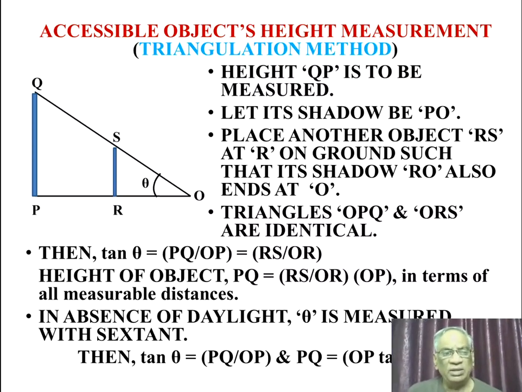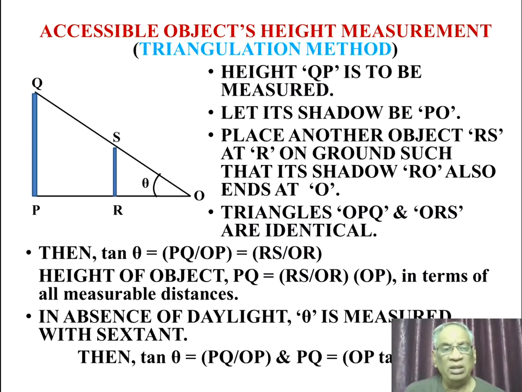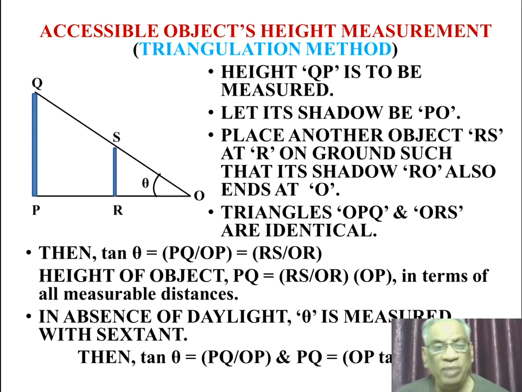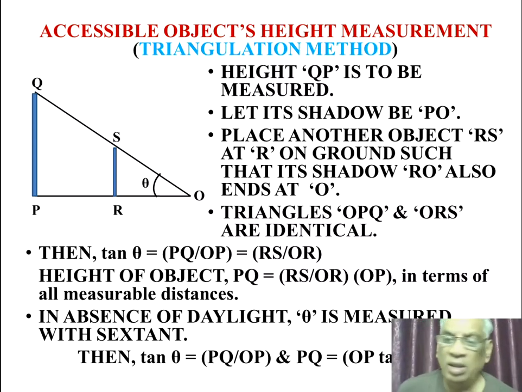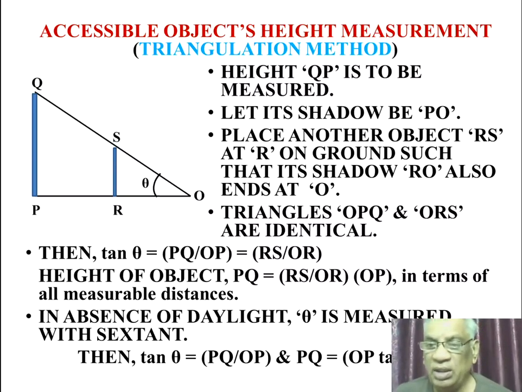You can cast its shadow when the sun is behind the building. Its shadow is cast on the floor. PO is the shadow of the building PQ. So its edge is at O.